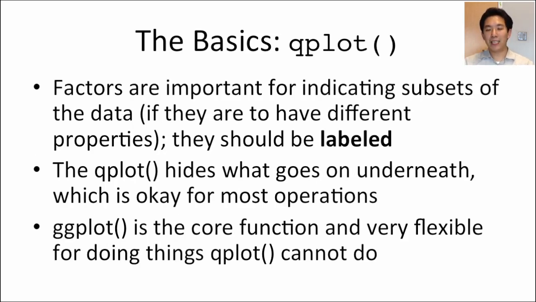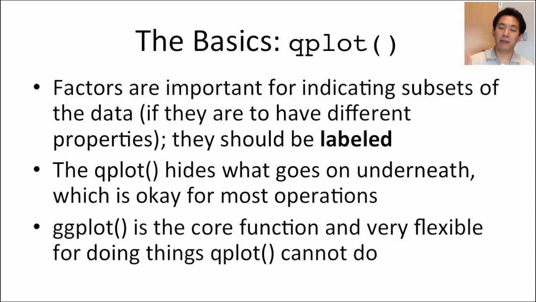One aspect that's important for the qplot function, and it's similarly important when you're using lattice functions, is the idea of using factor variables. So factors are very important because they indicate subsets of your data. So if you imagine you have a data frame where you have a y variable, an x variable, and then a factor variable, the factor will indicate subsets of your data in the data frame.